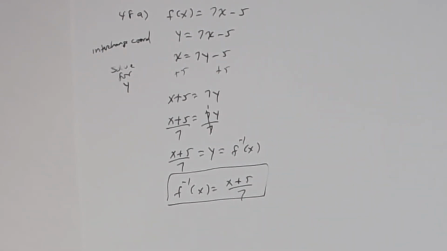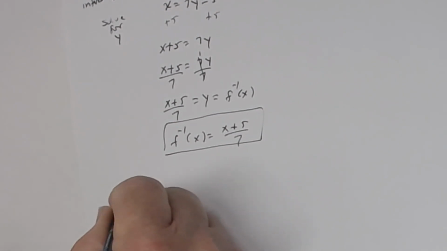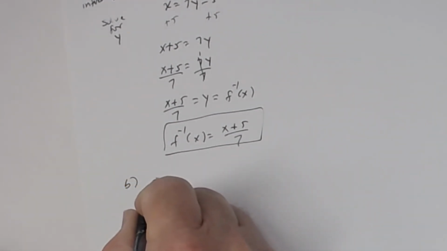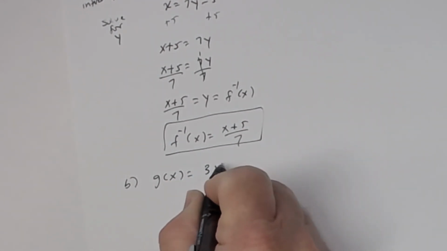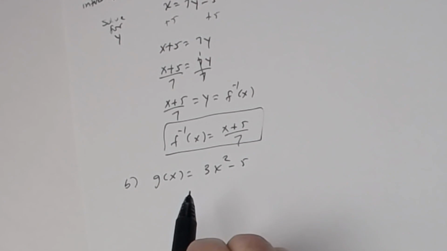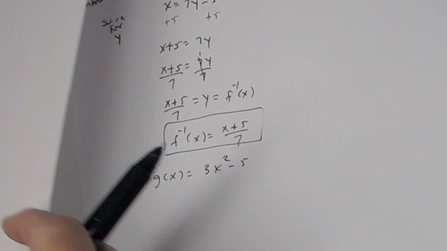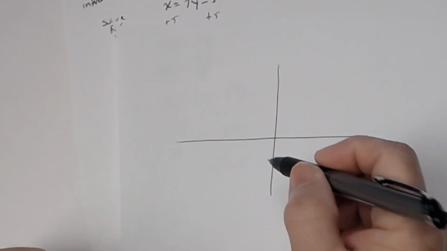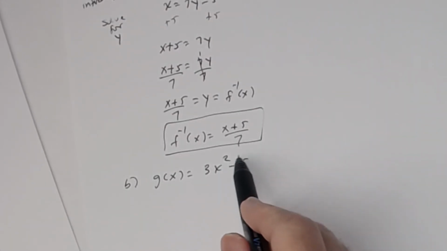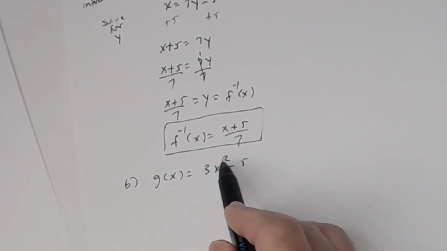So let's look at part B. In 48b, you have g of x is equal to 3x squared minus 5. Now, we have to be a little bit careful with this. Notice that this is a quadratic function. Since there's no x term, when x is 0, my y-intercept is negative 5.